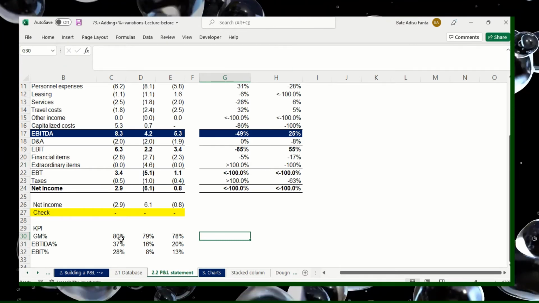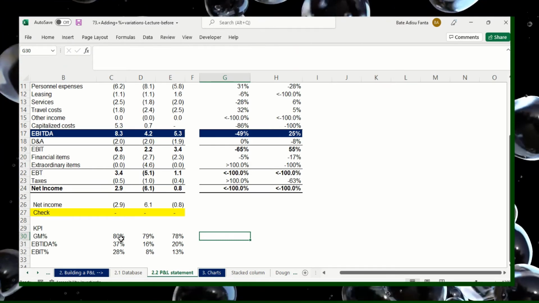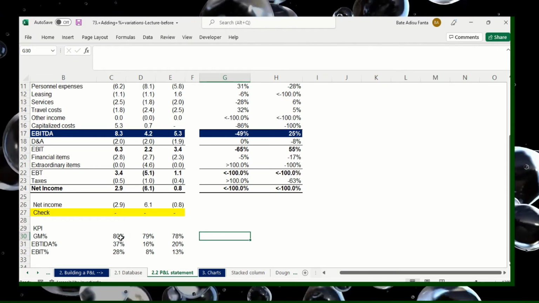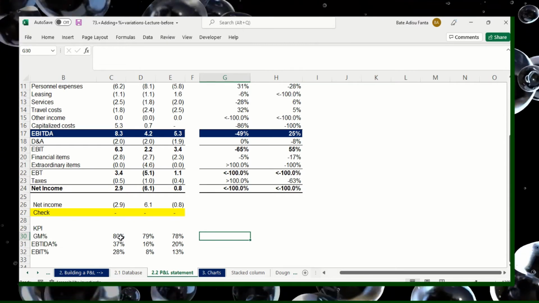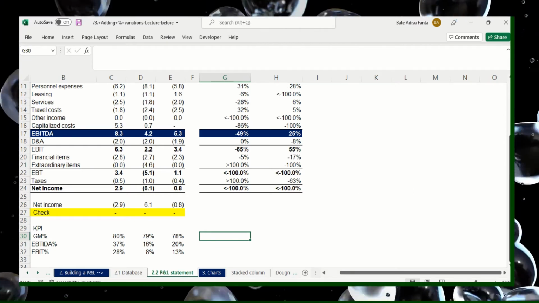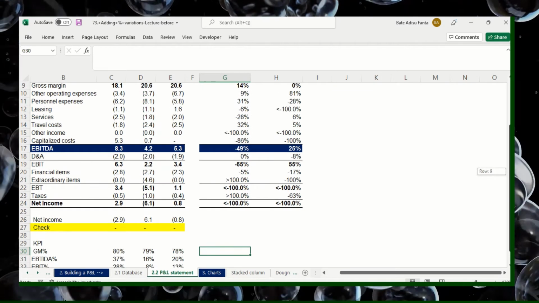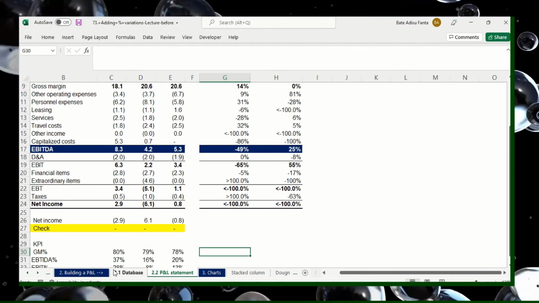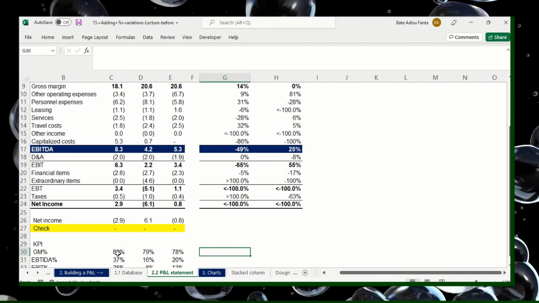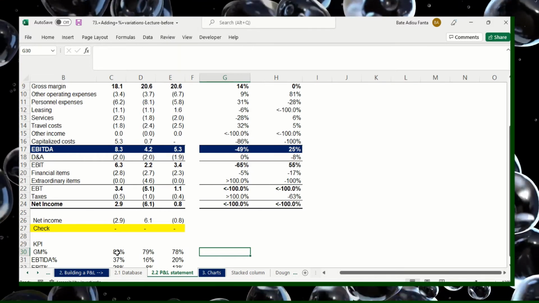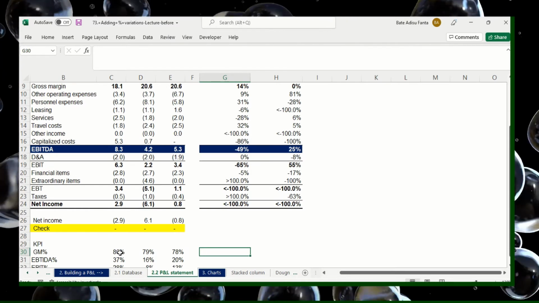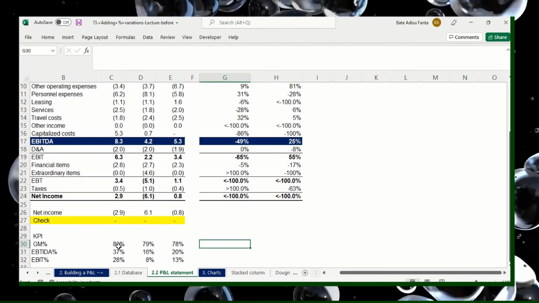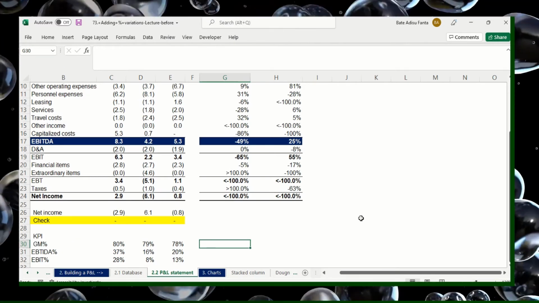That means the cost of goods sold is only 20%. So this 80% will be used for payment of operating expenses, depreciation, financial items, interest, and taxes. So everything that the company spends is from this gross profit margin. Don't forget that gross margin percent or gross margin simply means gross profit margin.